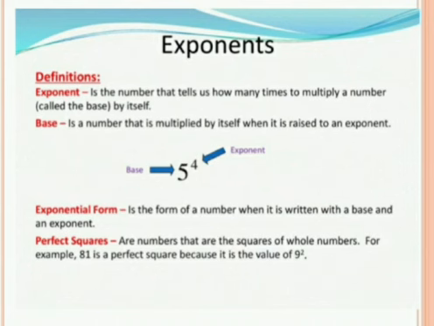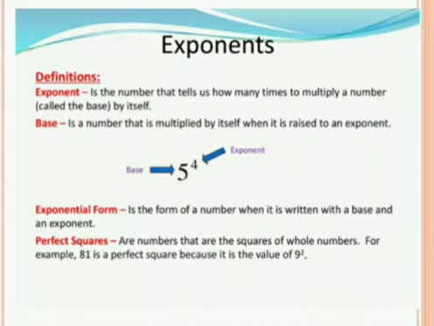Next page. Exponents. Definition. Exponent is the number that tells us how many times to multiply a number called the base by itself. Base is a number that is multiplied by itself when it is raised to an exponent. These 5 base and 4 exponent.